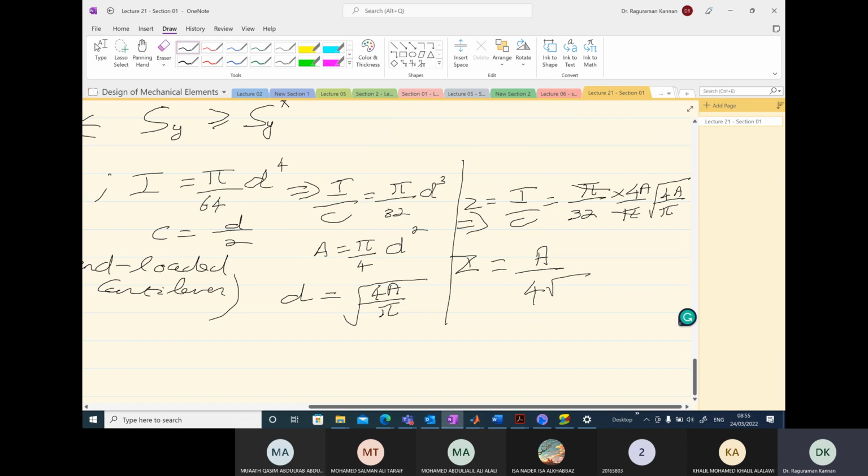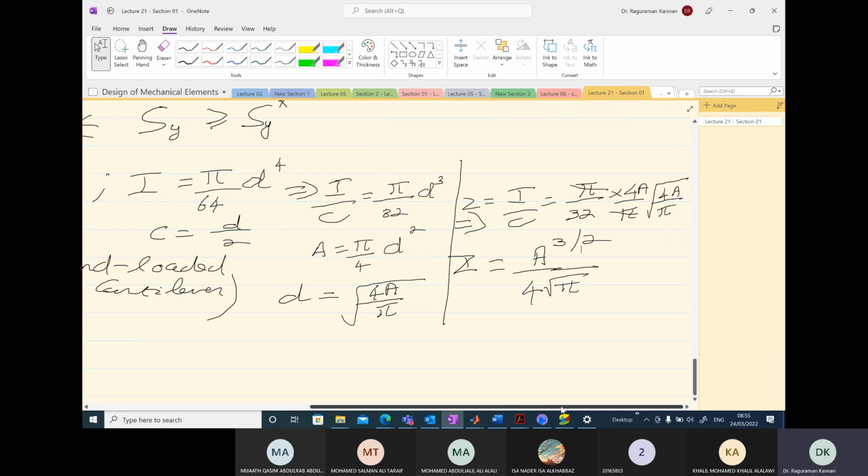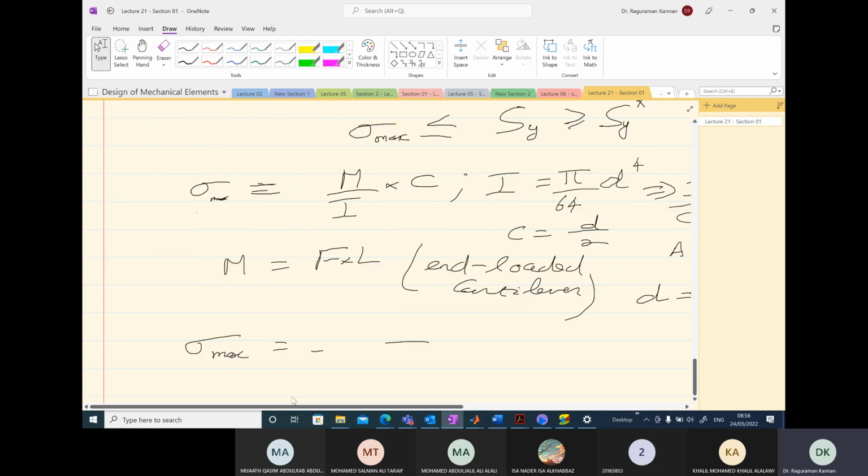In the denominator we have square root of pi, and here a times root a will become a to the 1 plus 1 over 2, which is 3 over 2. Okay, so finally this is the form we have, a to the 3 over 2.